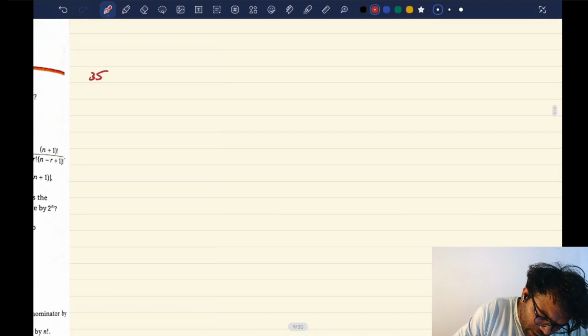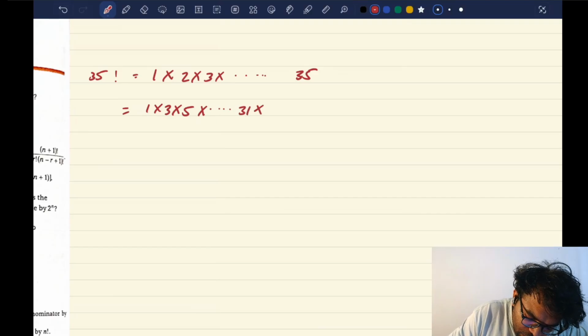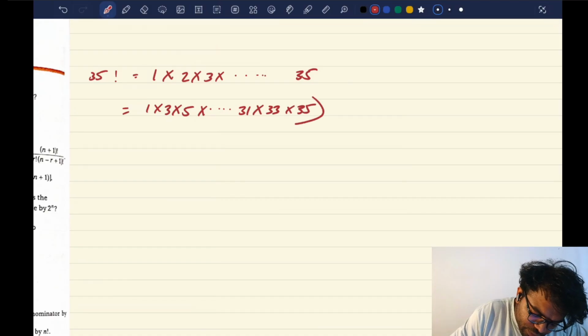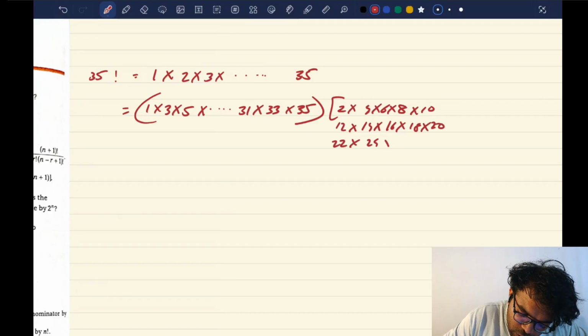You have 35 factorial is equal to 1 into 2 into 3 into dot dot dot 35. This can be written as basically 1 into 3 into 5 into dot dot dot 31 into 33 into 35, and you will have 2 into 4 into 6 into 8 into 10, then 12 into 14 into 16 into 18 into 20, 22 into 24 into 26 into 28 into 30, 32 into 34.